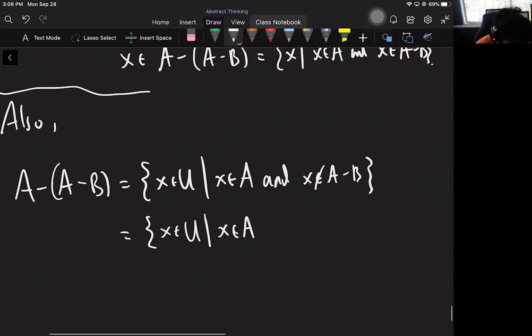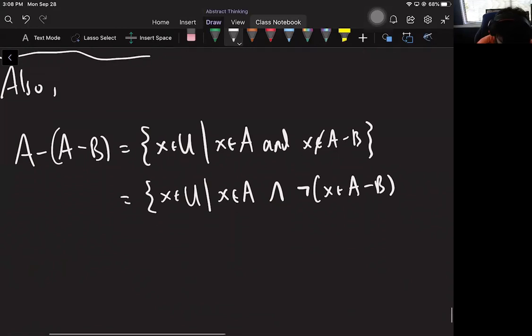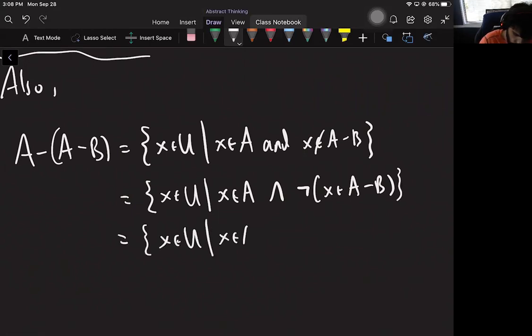Well, this "and" is really the logical and, so maybe I'll write it like that. And then this is really a negation of X being in A, not B. And then this is really saying that X is in A and X is not in B. That's what A minus B is.